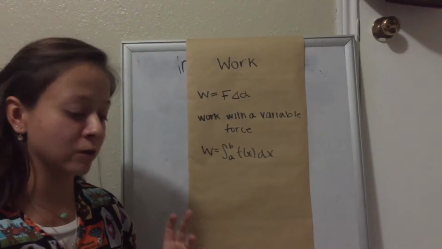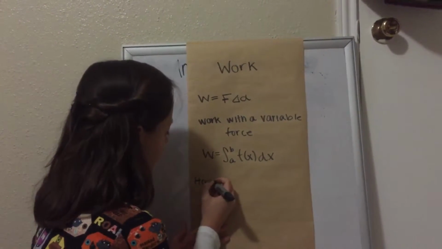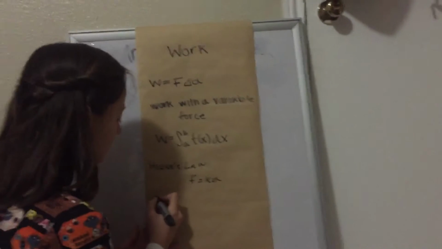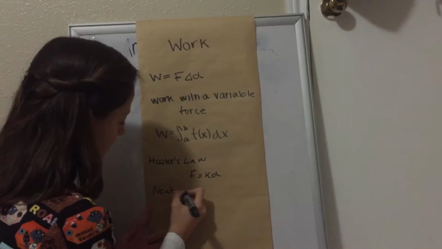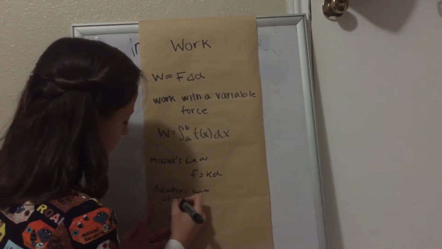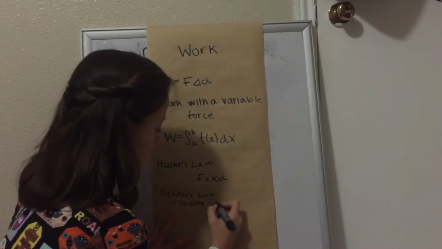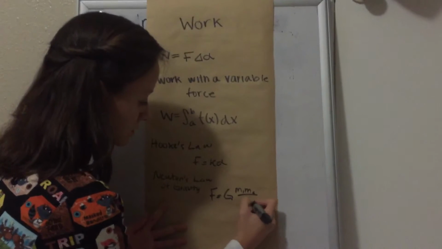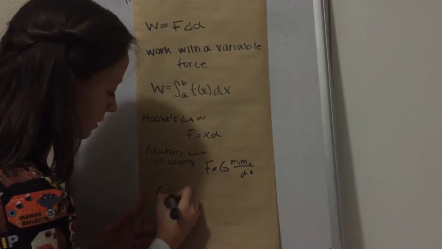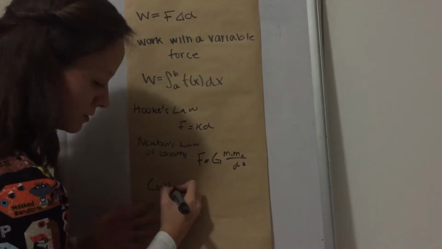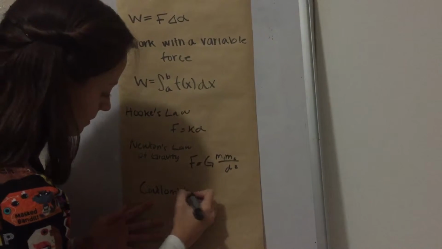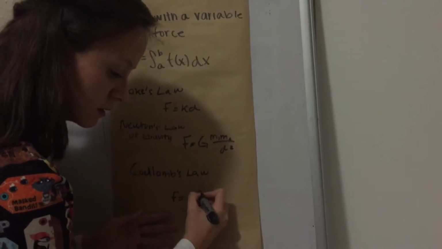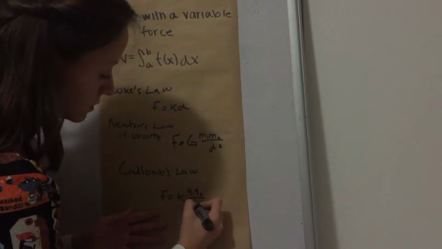Other formulas that you should know when you're working with work is Hooke's law, which is force equals K times D. You should know Newton's law of gravity, which is force equals G mass 1 mass 2 over distance squared, and Coulomb's law, which is force equals K times Q1 Q2 over distance squared.